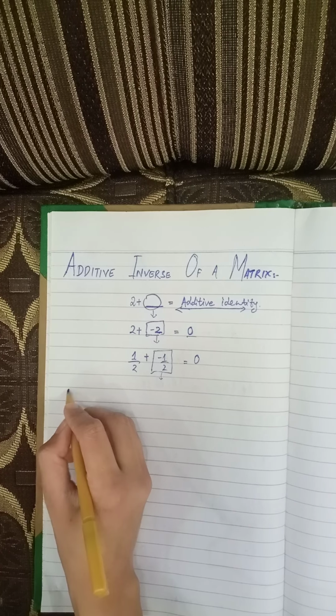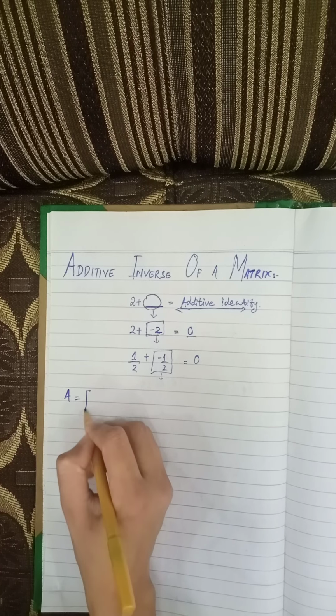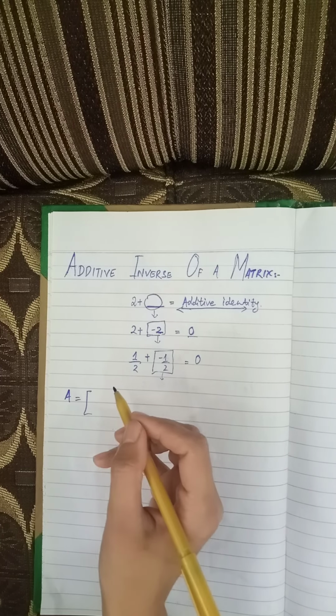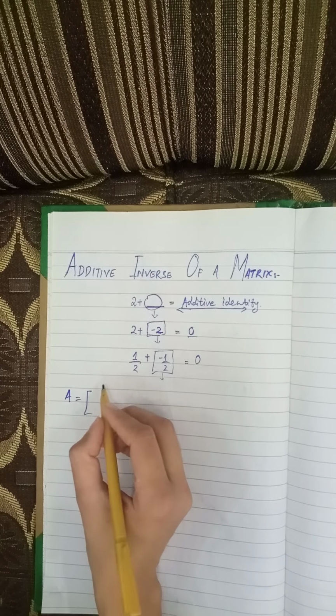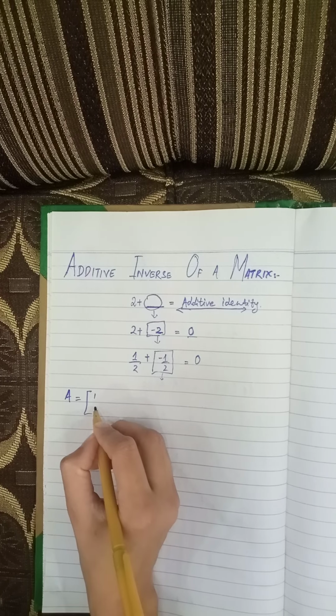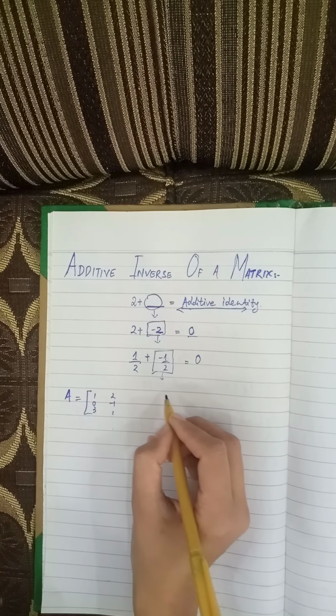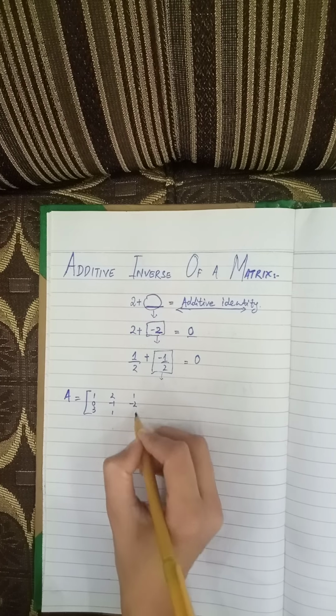For example, I have matrix A as, let's take a look from the notebook: 1, 0, 3, 2, minus 1, 1, and then 1, minus 2, 0.